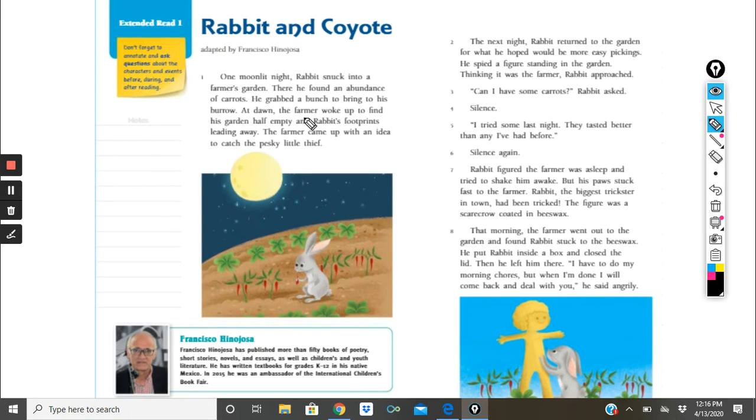So when I was skimming this, one thing that stood out to me, at the bottom of paragraph 1, it says the farmer came up with an idea to catch the pesky little thief. Now, if the narrator, the person telling the story, is calling the rabbit a pesky little thief, do we think that's a negative view or a positive view about Rabbit?